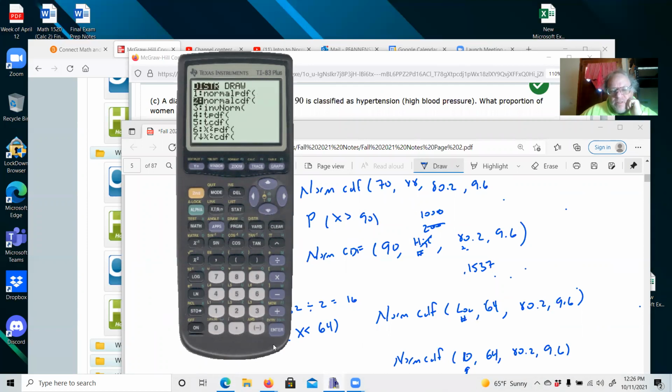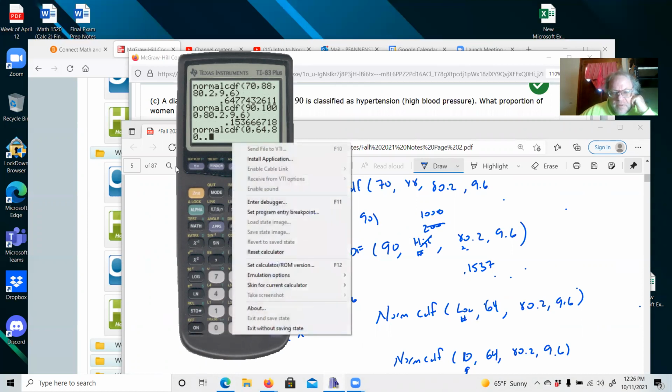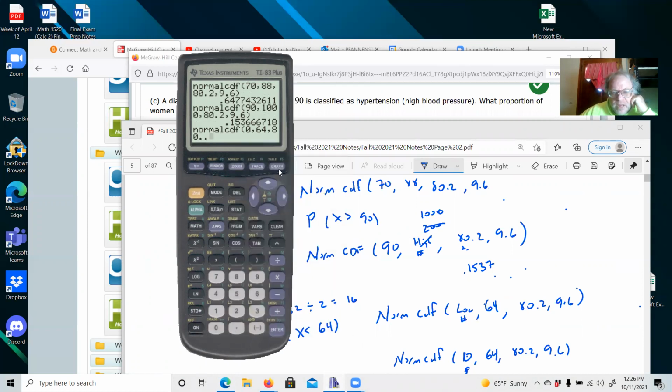That's the one I want. We're going to go from 0 up to 64. This will be all the people that are lower than 64. And then we have 80.2, comma 9.6.